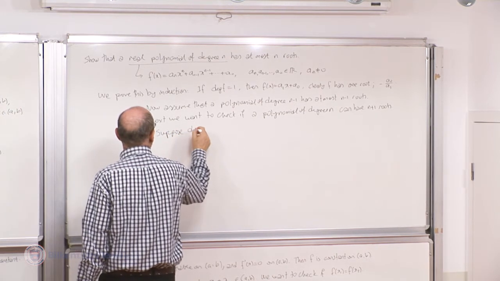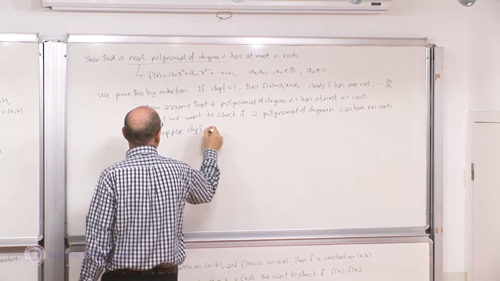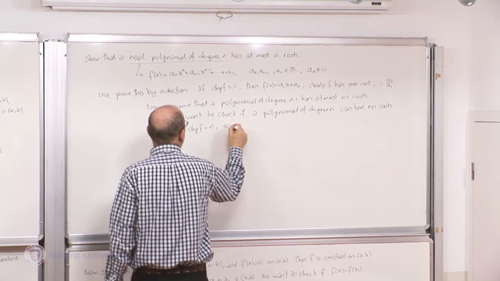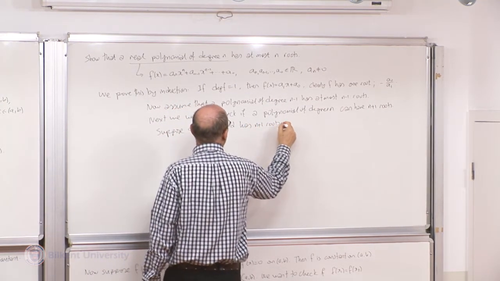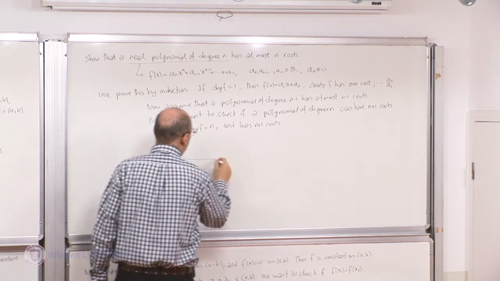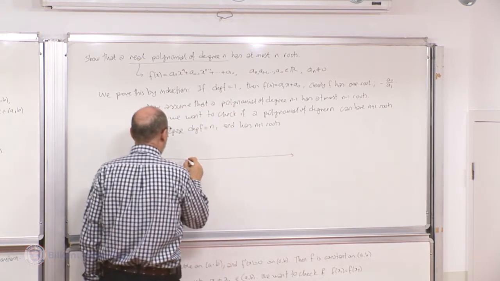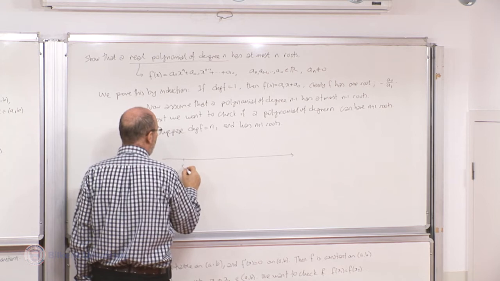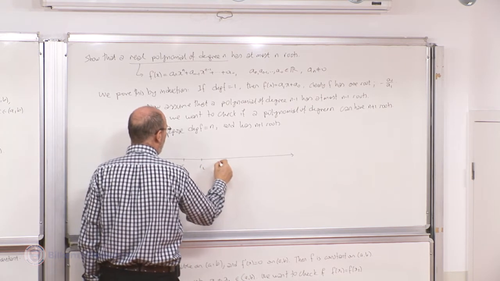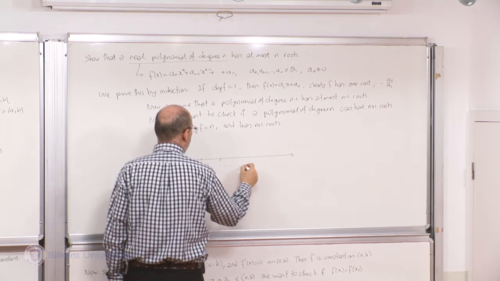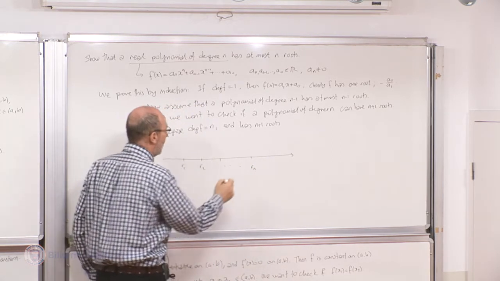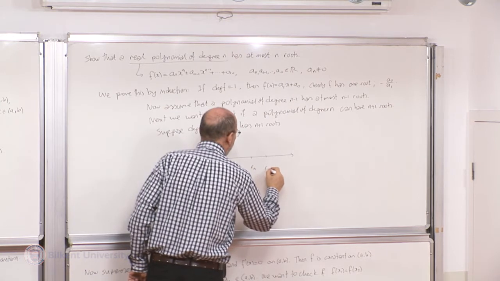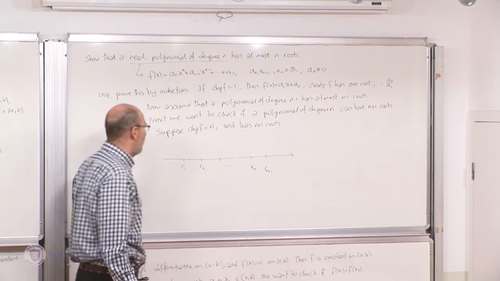So suppose degree of f is equal to n and it has n plus 1 roots. On the real line, we mark these: root 1, root 2, and so on up to root n and root n plus 1.